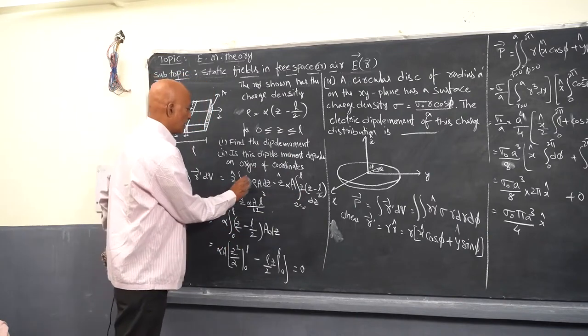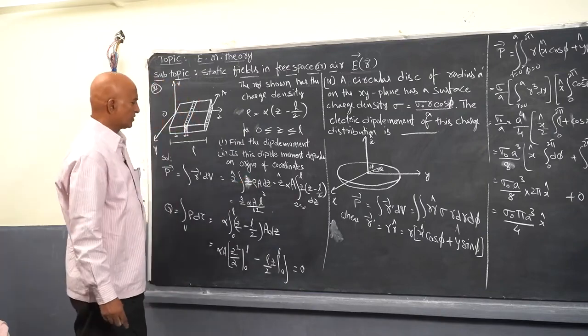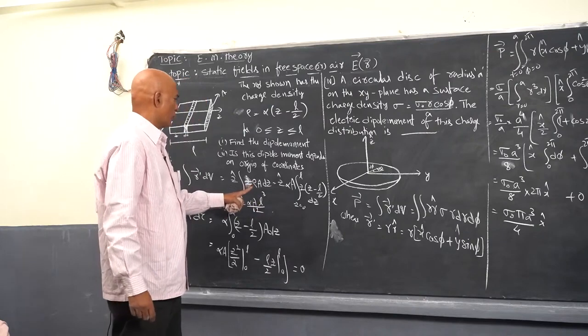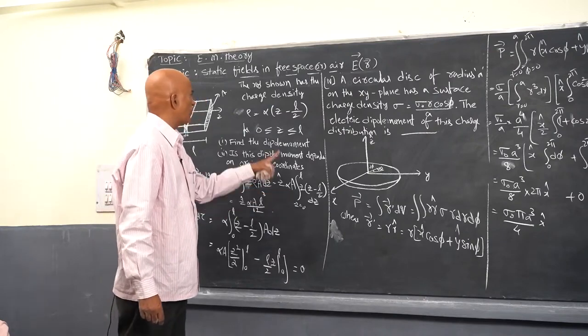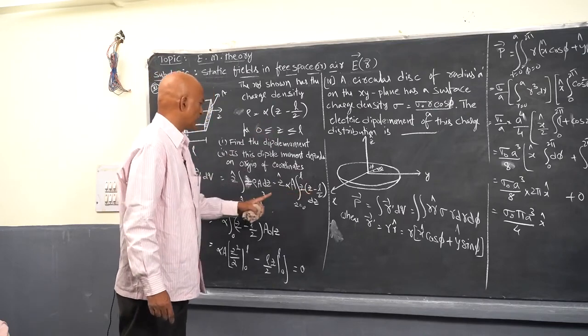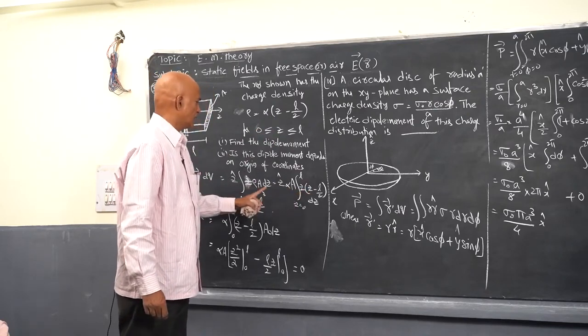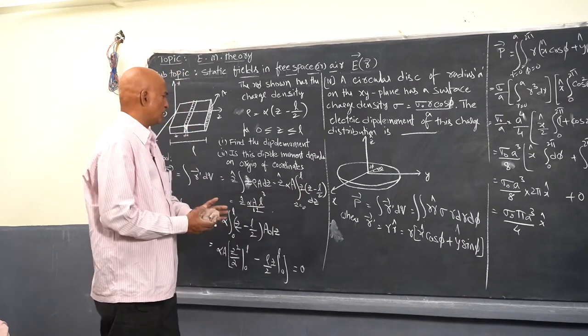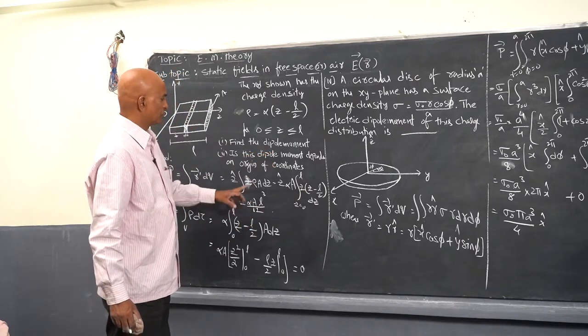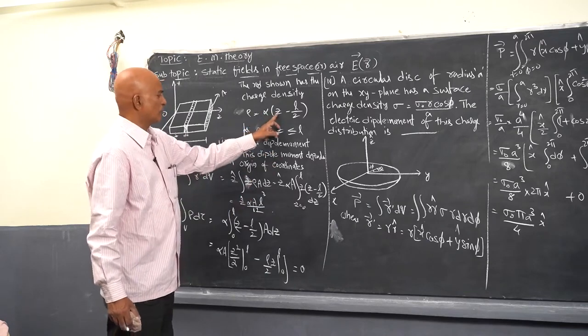r prime is z into z cap. So z cap into rho, which is alpha into z minus L by 2. This z as it is I have written, z into z minus L by 2 into dz, because the volume element is A dz and rho is alpha into z minus L by 2.